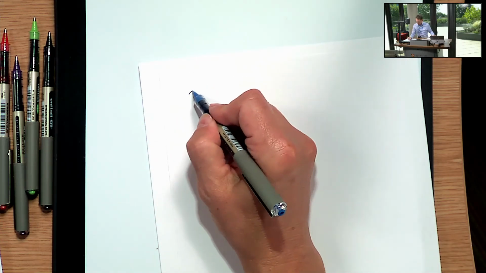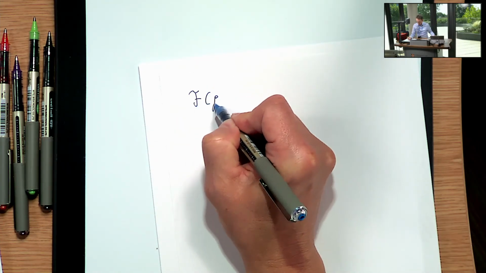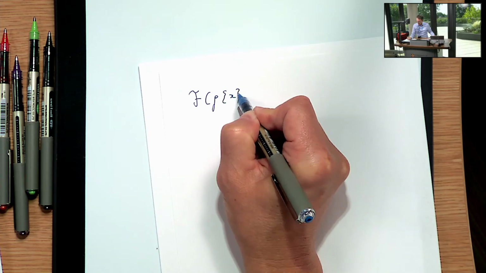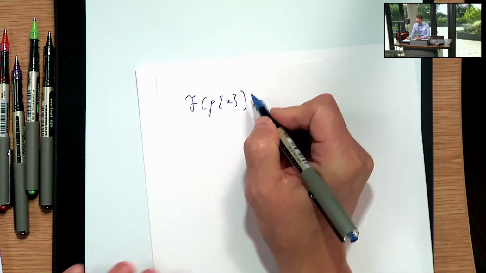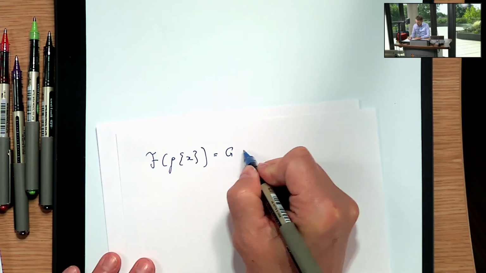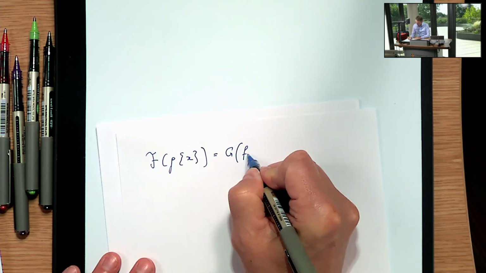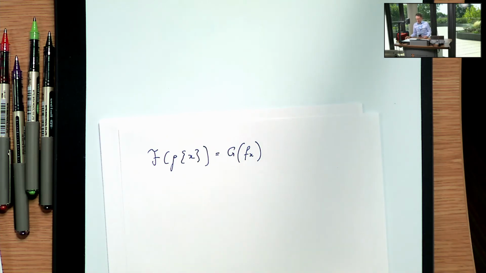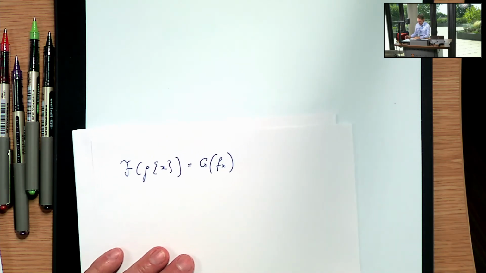The Fourier transform of g of x is equal to g of fx, where we've written fx equal to k over 2 pi.